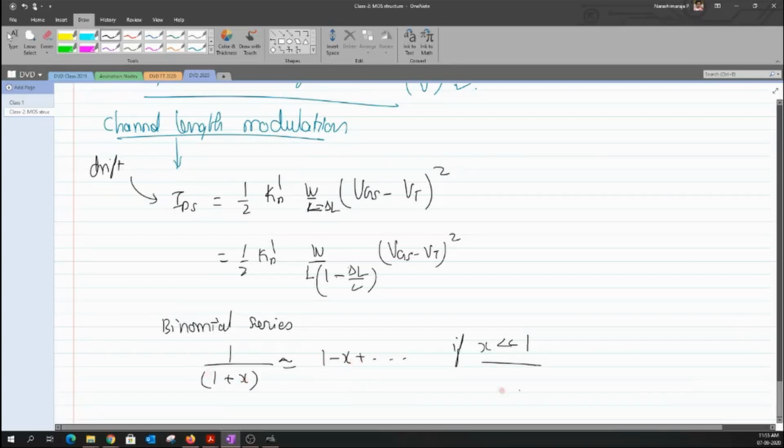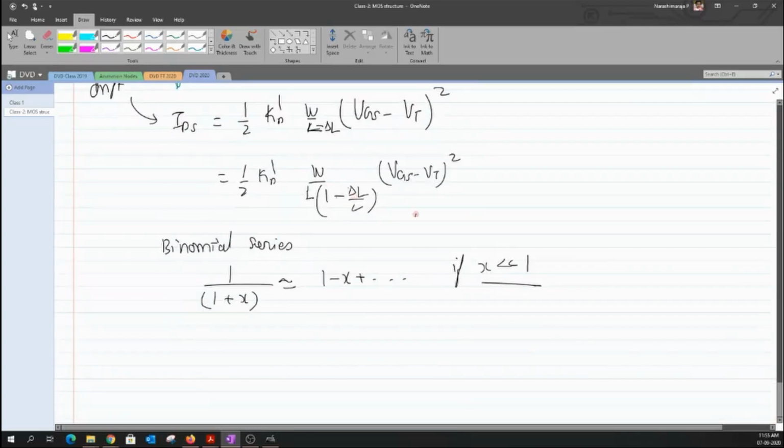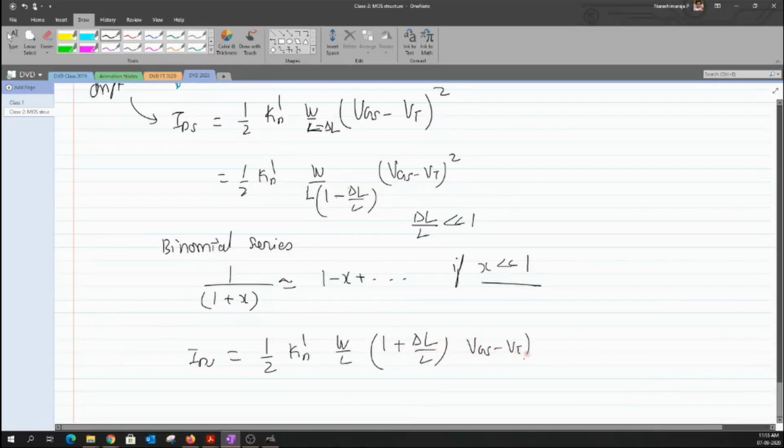So in this case we know that the ratio delta L by L is much smaller than 1, due to which I could rewrite the current equation of IDS as Kn dash W by L, times 1 minus delta L by L, into VGS minus VT the whole square.